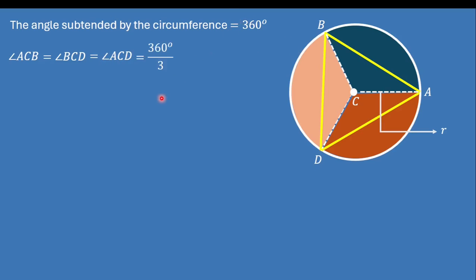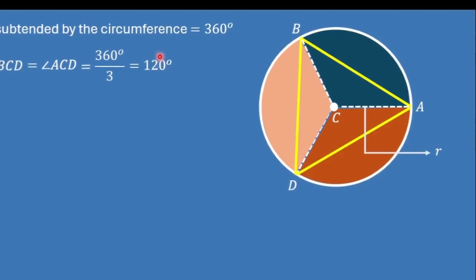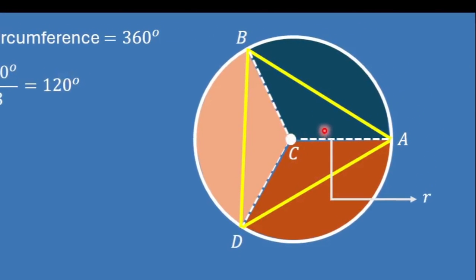So I can write 360 degrees divided by 3, or in other words, each angle subtended by an arc equals 120 degrees. So this angle is 120 degrees, similarly this angle is 120 degrees, and this angle is 120 degrees.